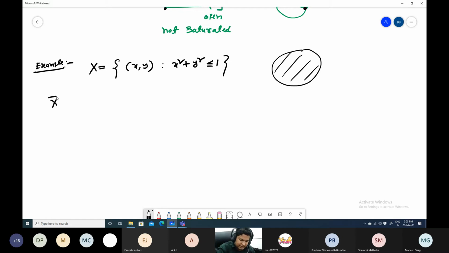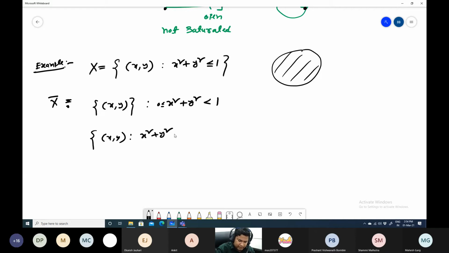And say x bar is the collection: we take all the points (x,y) as singletons, where x square plus y square is less than 1, including 0, and these are singletons, but one collection we take where x square plus y square equals 1. This.